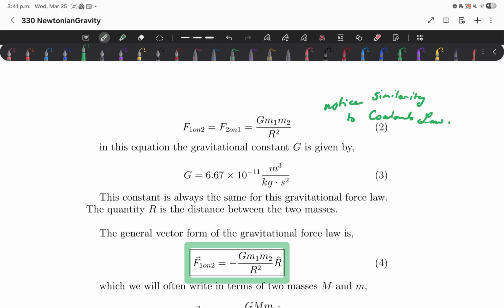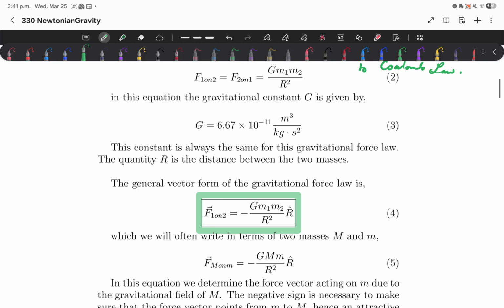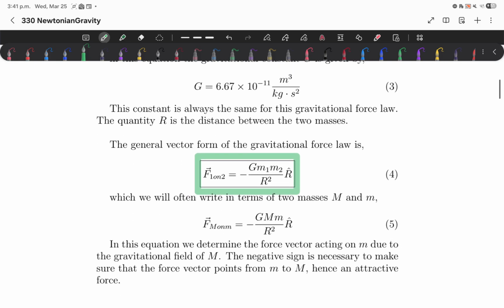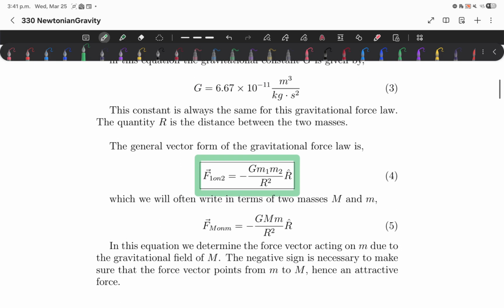The only change here is we have to add a negative sign in the Newtonian gravitational force law. The reason is, for electrostatics, opposite charges attract. For gravitation, same mass, like positive, attract. So we need a negative sign here to account for that difference.